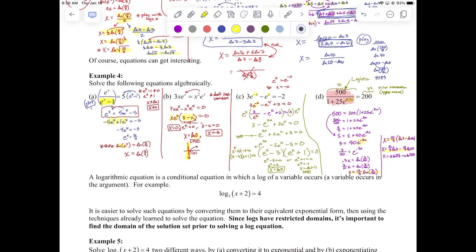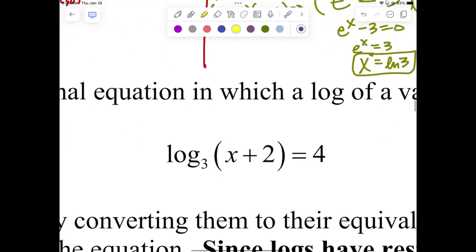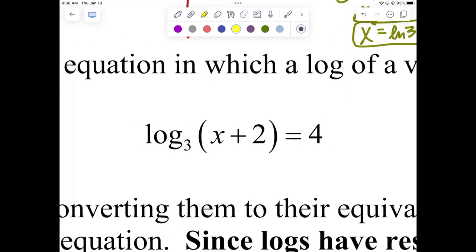Logarithmic equations. Okay. We have enough time to introduce log equations. Now, we've already seen log equations when we studied logs. We had simple log equations such as this, right? Do you remember how to solve a simple log equation such as this? You could do the around the world thing, right? Which would mean 3 to the fourth equals x plus 2, right?